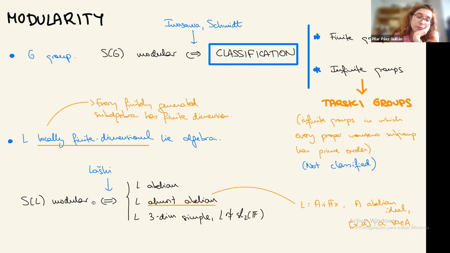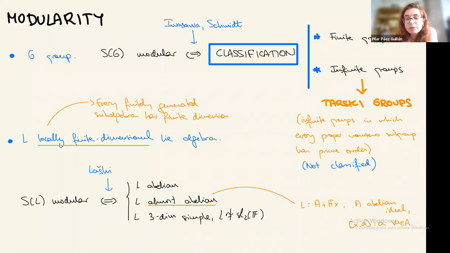We have this characterization by Lashik, which says that the lattice of subalgebras of a Lie algebra is modular if and only if the algebra is abelian, has dimension 3 and is simple and not isomorphic to sl2, or it is almost abelian. This is just a piece of notation. An algebra is almost abelian if it is the sum of an abelian ideal A plus a one-dimensional subalgebra, which acts as the identity on A, the abelian ideal.